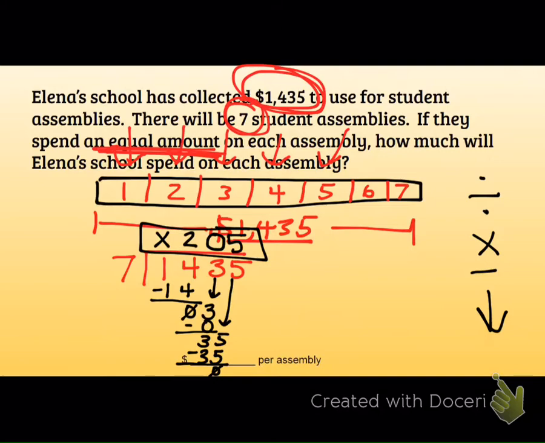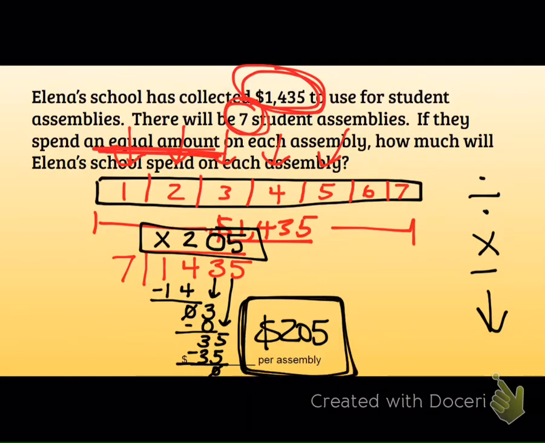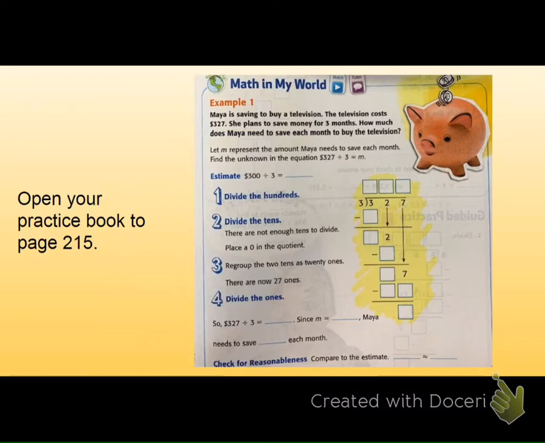So they have enough for $205 for each assembly. That's what that quotient means. It's how much they're going to spend. So each one of these assemblies is going to be $205.